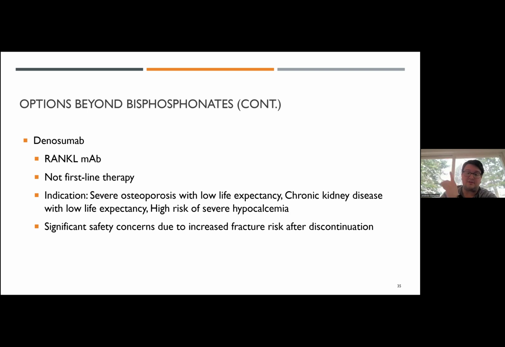This is important to point out though, because an absolute contraindication of the bisphosphonates is kidney function, and you can use this with chronic kidney disease, but the risk with denosumab is that as soon as you stop the denosumab, there's an increased risk of fracture after its discontinuation, disproportionate to just the patient having untreated osteoporosis.